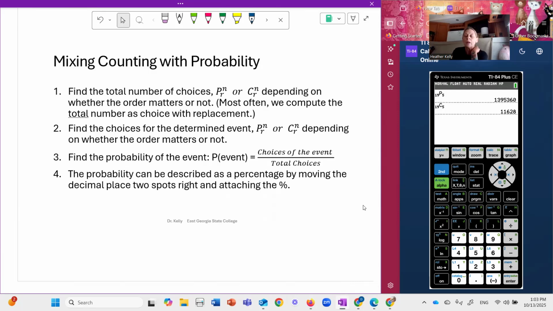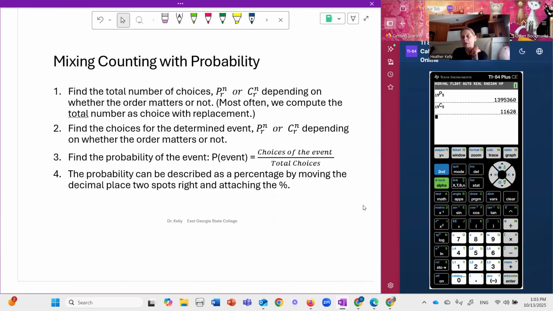So here are some guidelines. Find the total number of choices depending on whether the order matters or not. Then we'll also find the choices for the determined event, depending on whether or not the order matters. And then we'll find the probability.